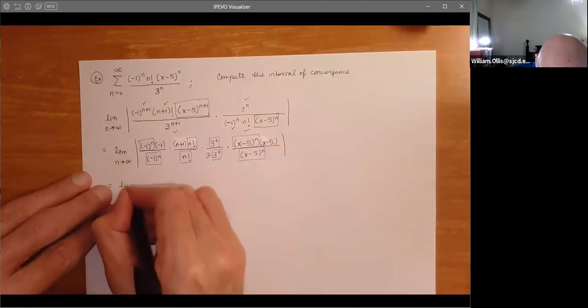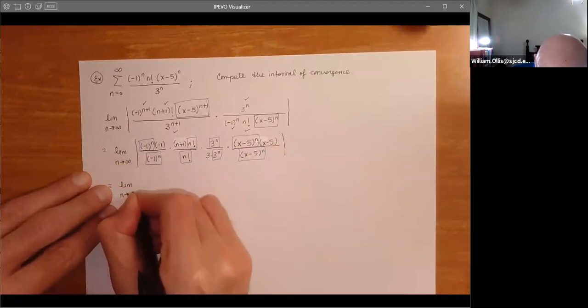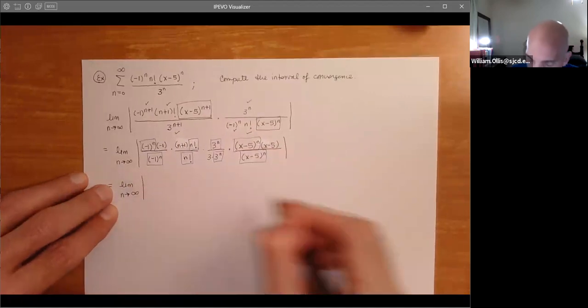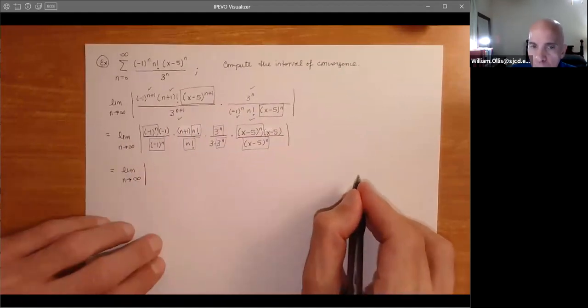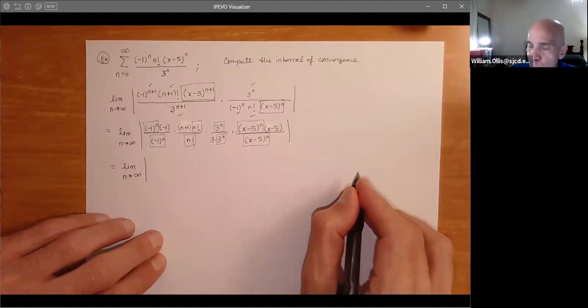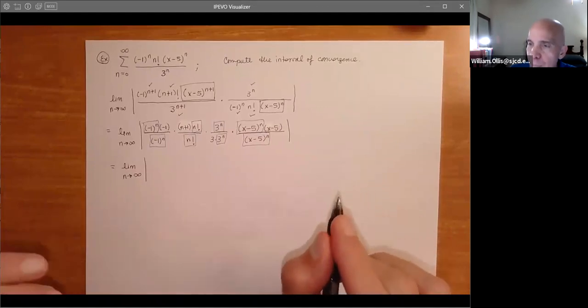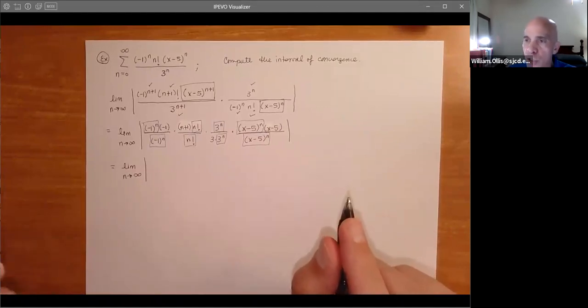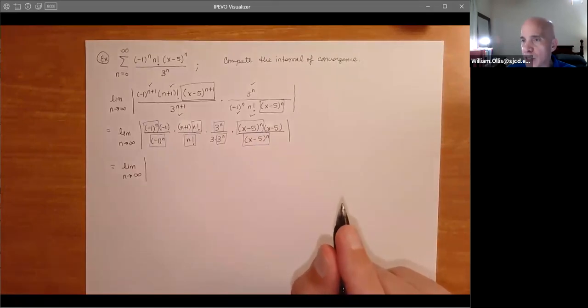So we have the limit as n passes to infinity. You can work this many different ways and use fewer steps, but I find that if I try to minimize the number of steps, students can often miss something that's important.